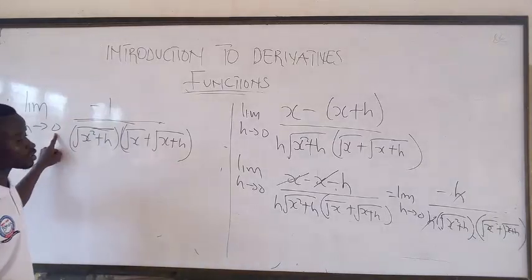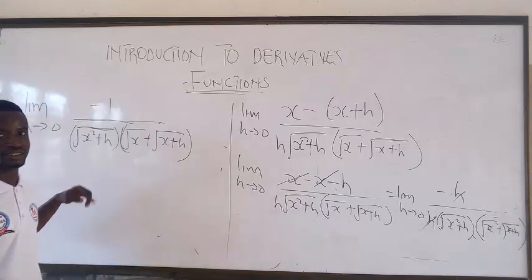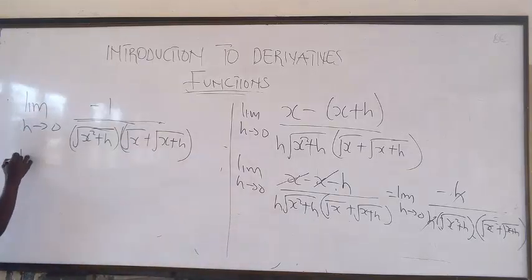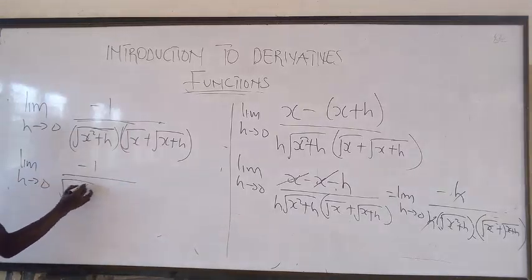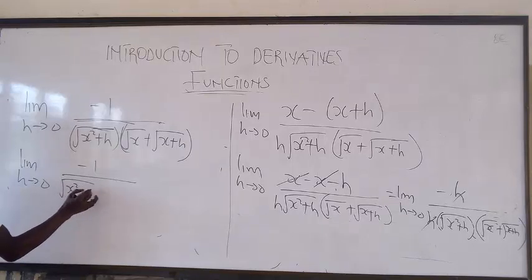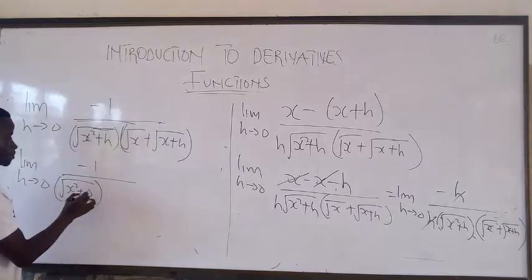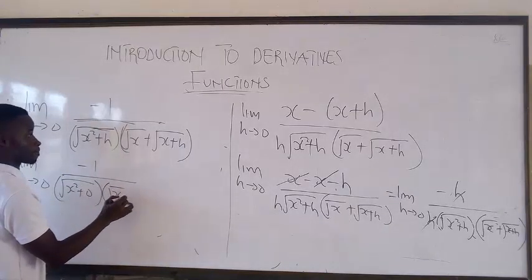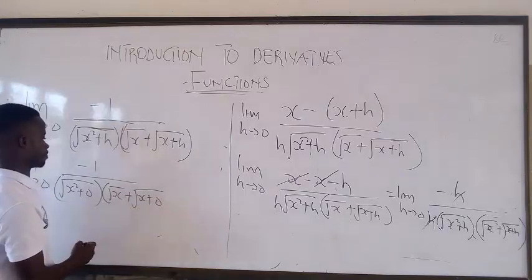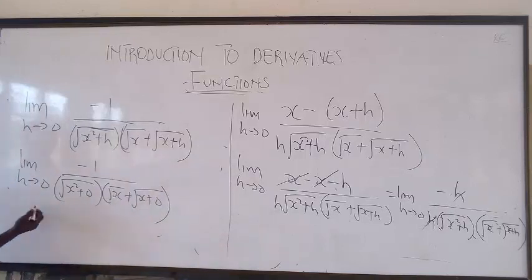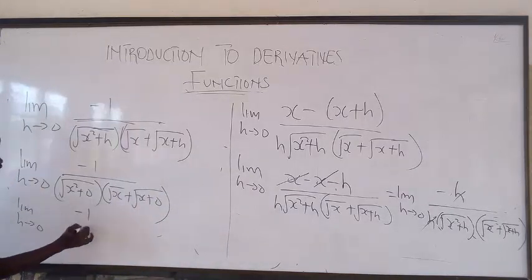Now wherever you see h, put 0 there. So this is going to be the limit as h approaching 0 of -1 all over.